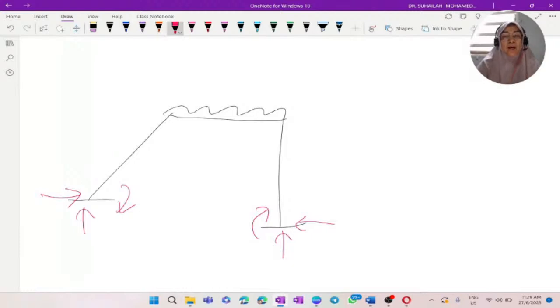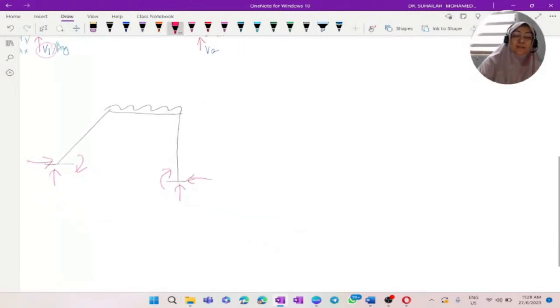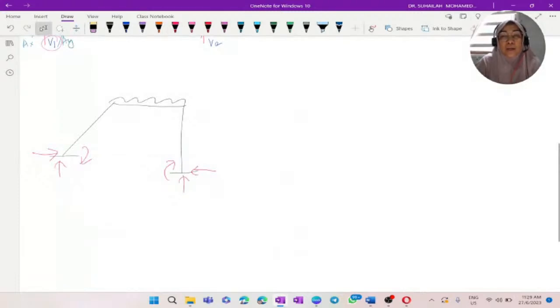But don't forget, the structure must be in equilibrium externally and internally.